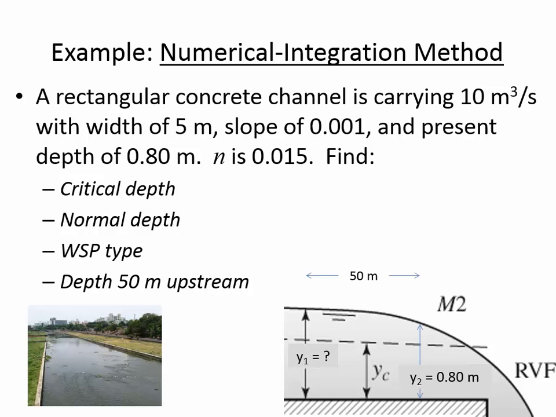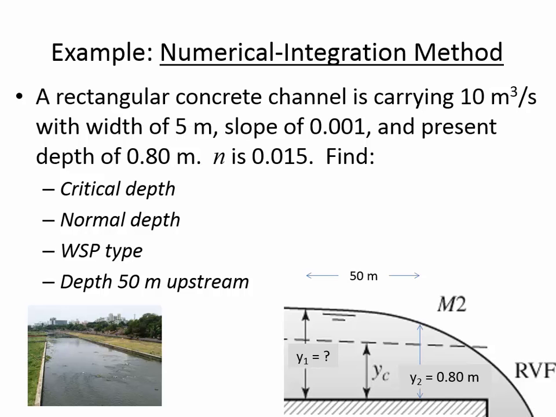Okay, so here's the example we're going to start with, and we're going to solve this to begin with in one step. We know that at a certain location, the water depth is 0.8 meters. You can see from the diagram that water is flowing over the edge of a drop.